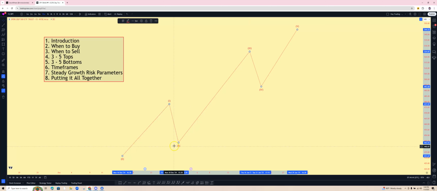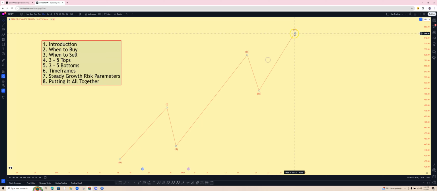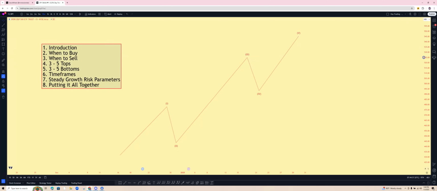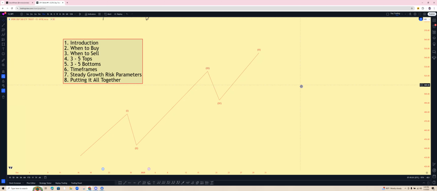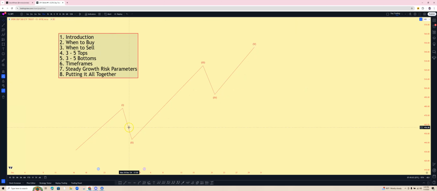Notice how much bigger it is compared to wave one. We have a smaller retracement in a wave four, and then a wave five that typically tops off this entire impulsive structure, guys. You'll see this over and over and over again within markets: 5 waves within a structure every single time.